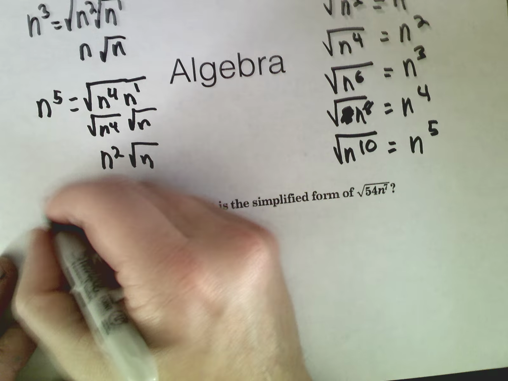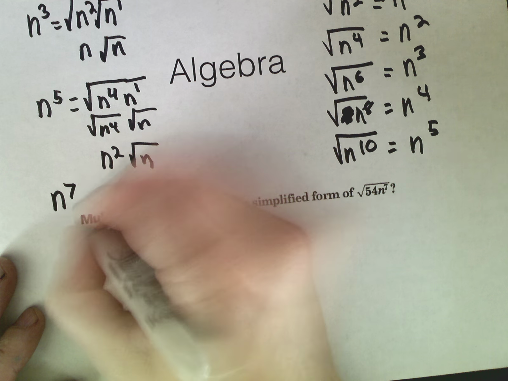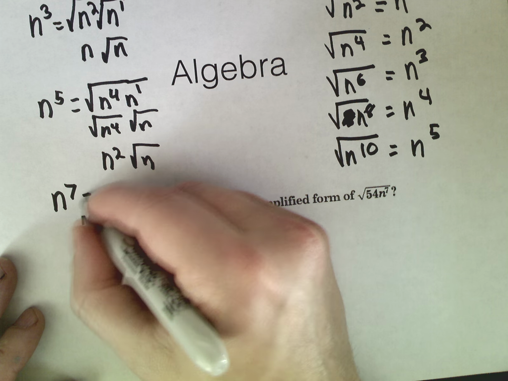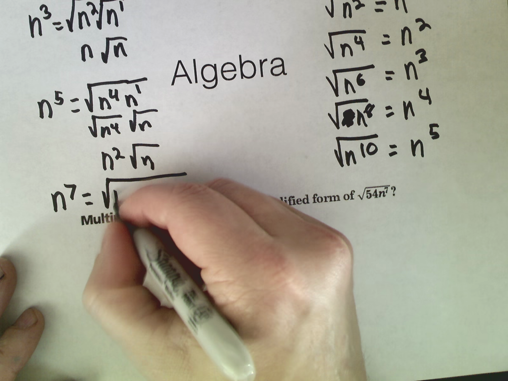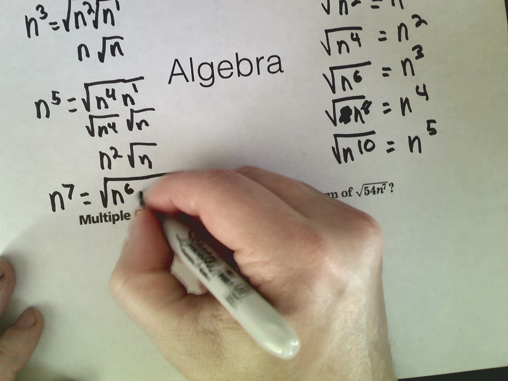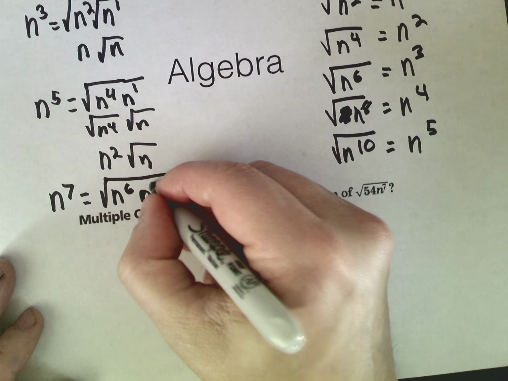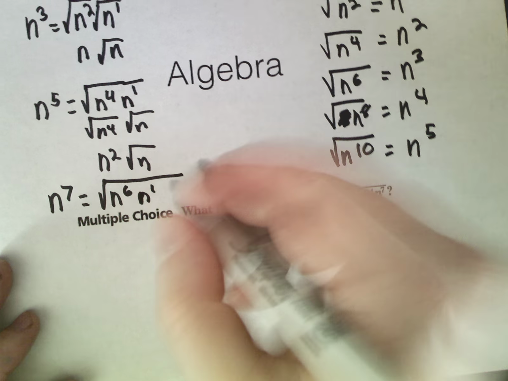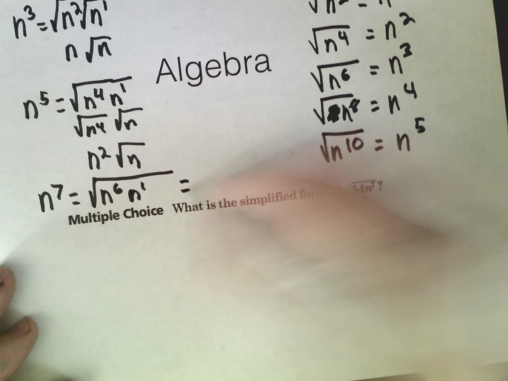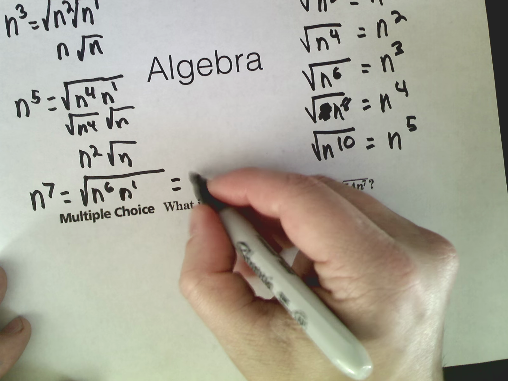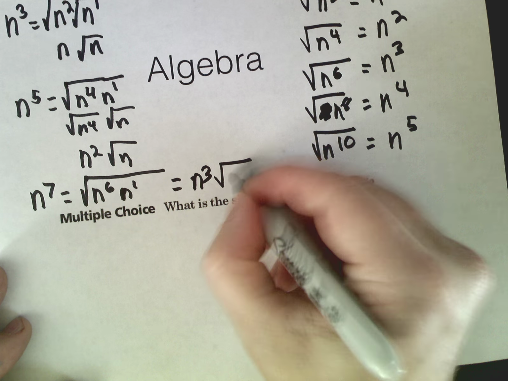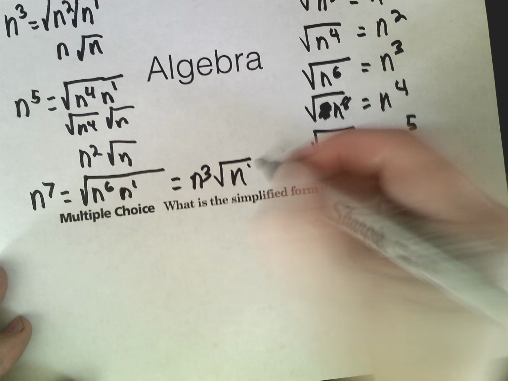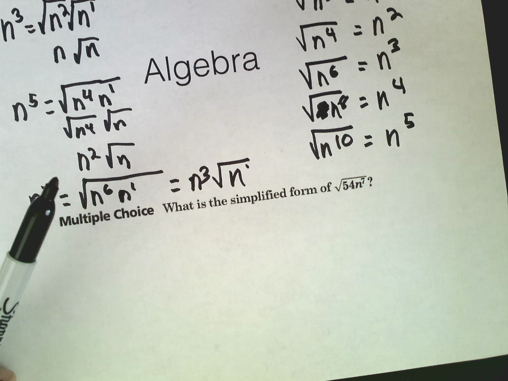Finally, the one that's going to play here is n7. I can say n7 is really n6 times n1. Keep the base, add the exponents. Well, n6 from over here we see is n3, square root of n, or n1. That's all you need to know.